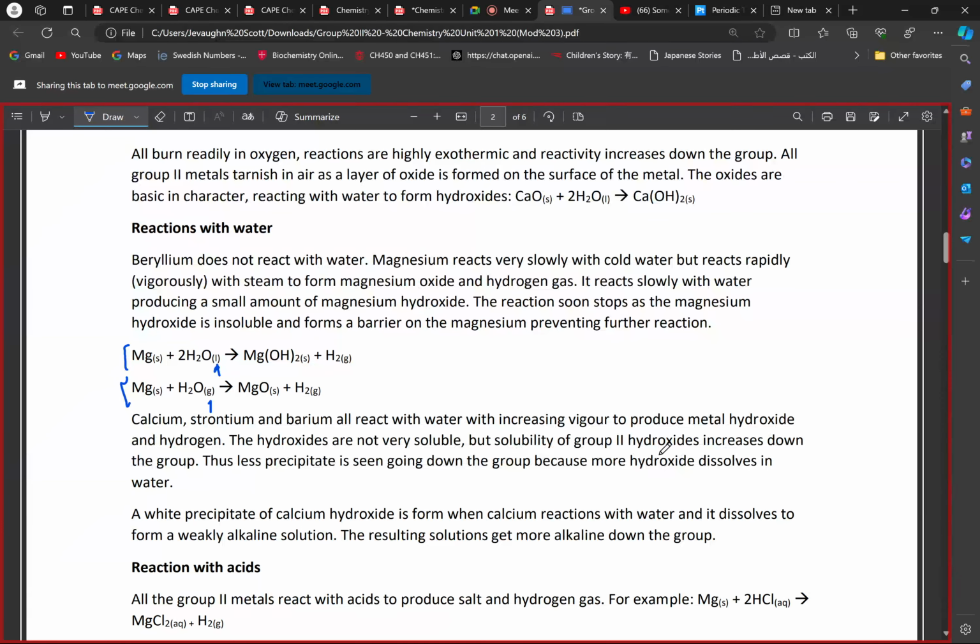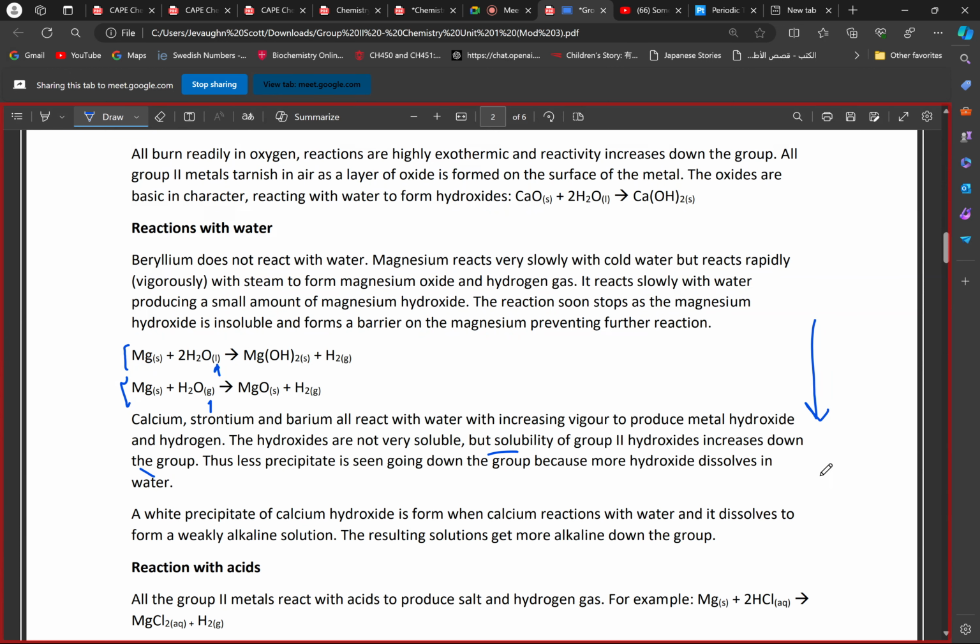So when we create the metal hydroxide, the hydroxides are not very soluble themselves, but barium hydroxide is more soluble than strontium hydroxide and so on going up the group. So the solubility of the hydroxides increases going down the group. Thus, less precipitate is seen down the group because more hydroxide dissolves in water.